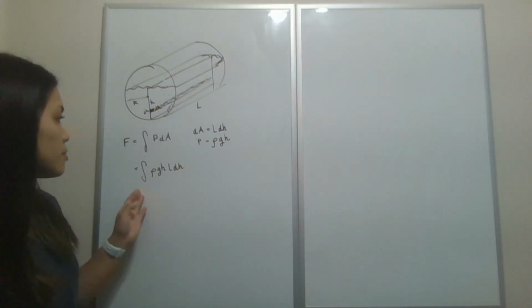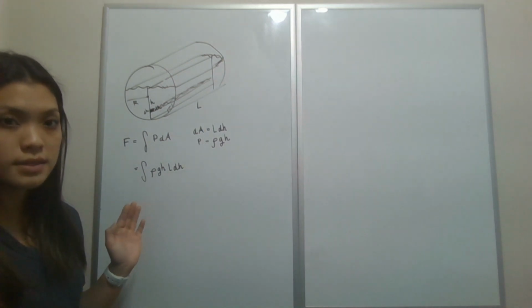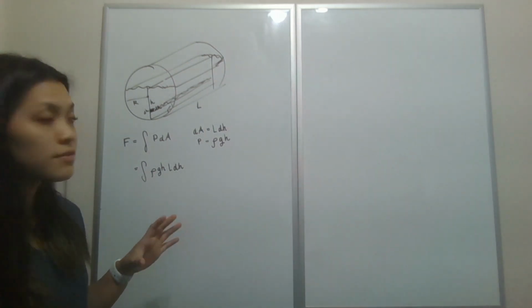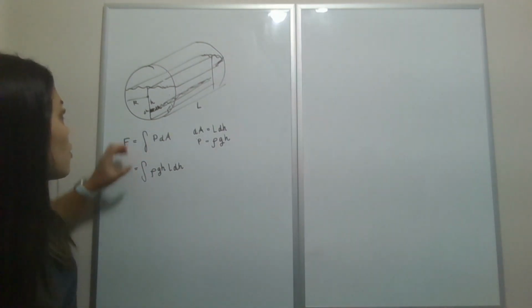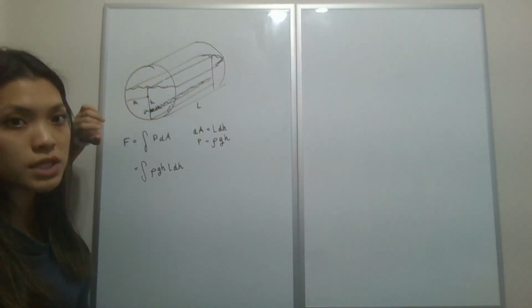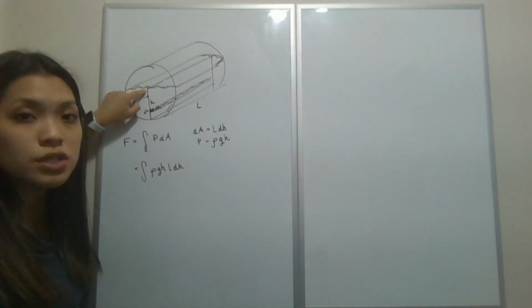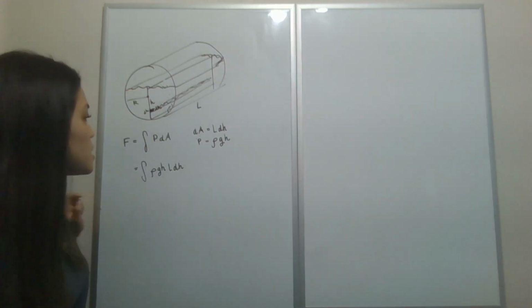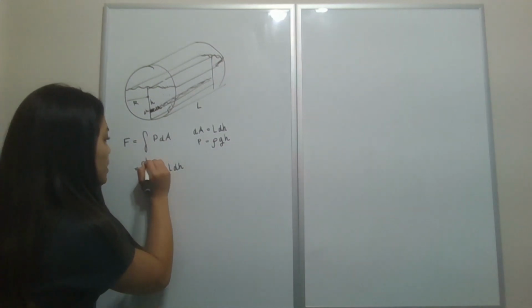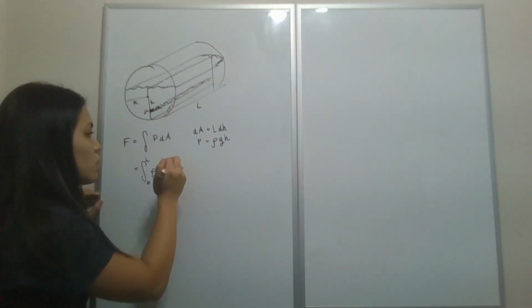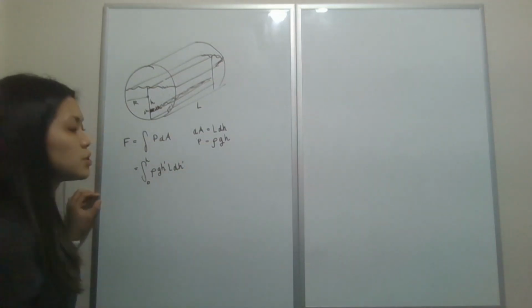Because we have an integral, we need to set the limits of integration. Because we're given the fluid height, we'll set the limits as 0, which is at the bottom, and h, which is at the top of the fluid. Because we now have another h, we need to define that the h inside the integral is a dummy variable, so we'll give that h prime.